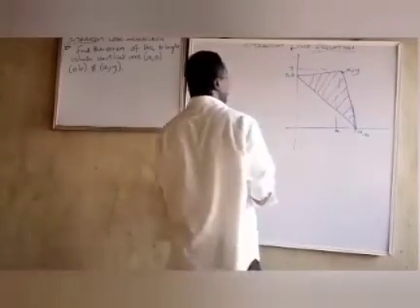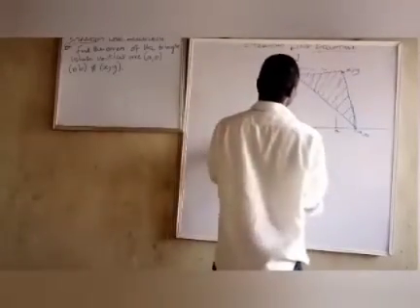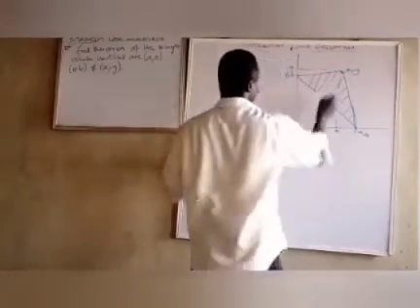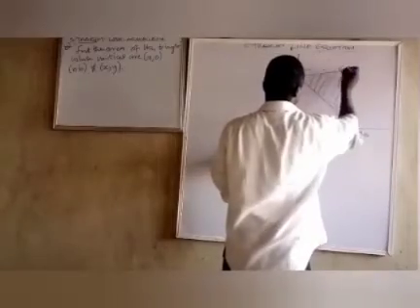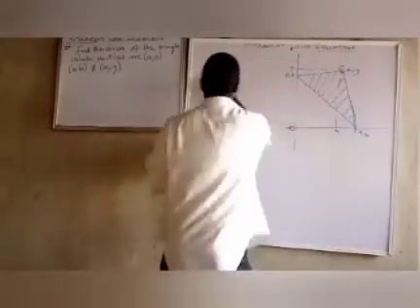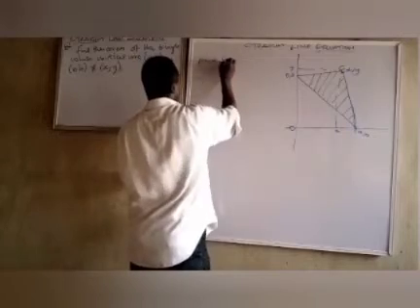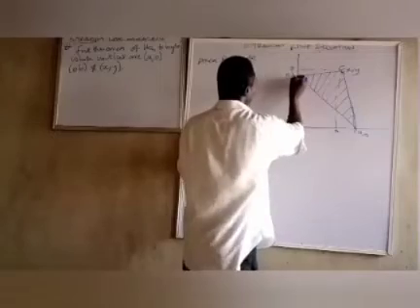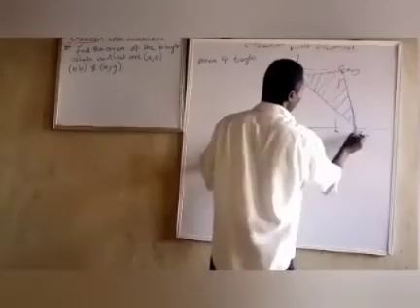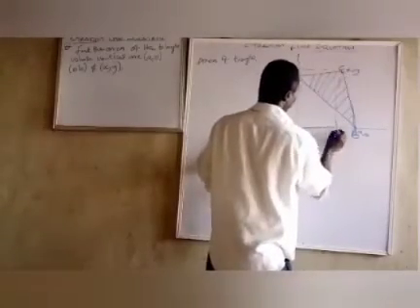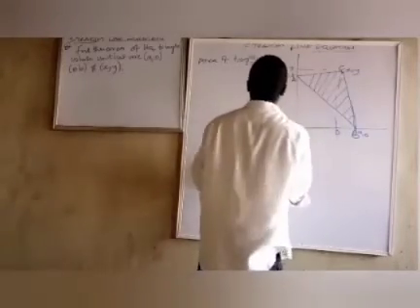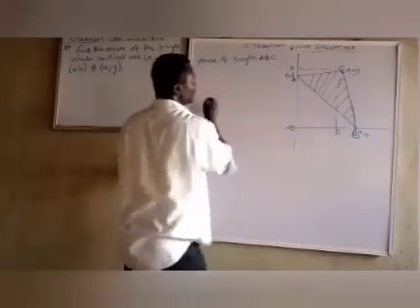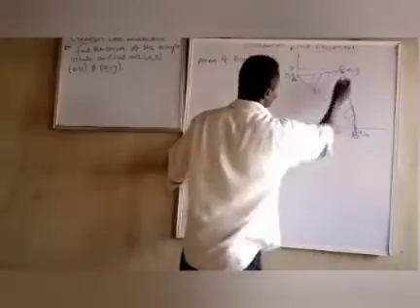So the area of the triangle will be, let's make this place O, B, A, X. Let's call this C. So the area of triangle, let's call it A, B, C. Let's call this D. So triangle ABC will be equal to the trapezium and triangle here.